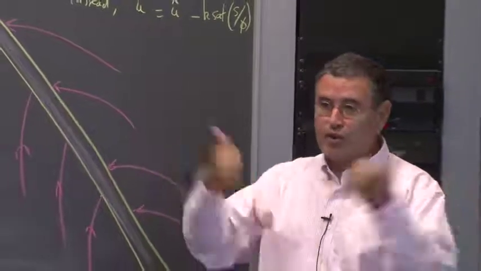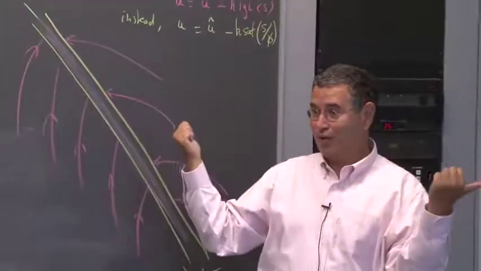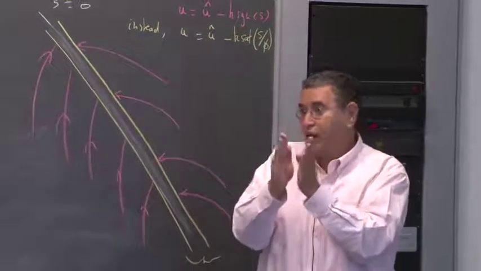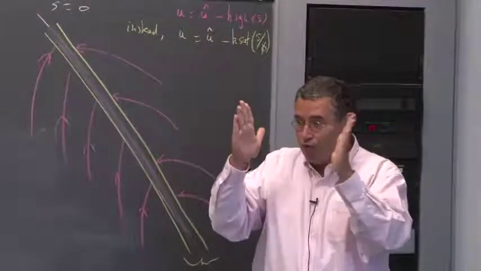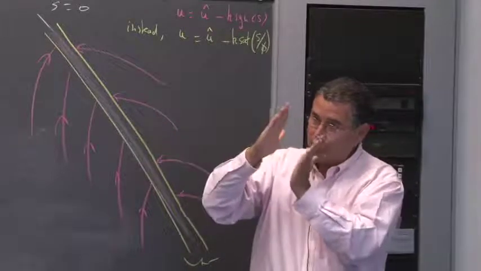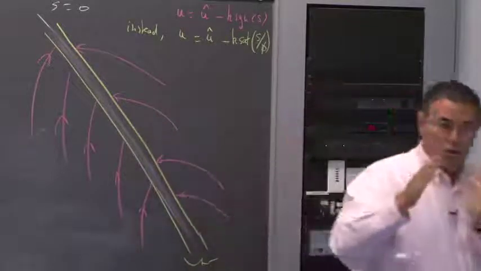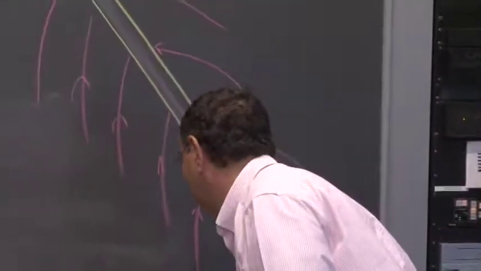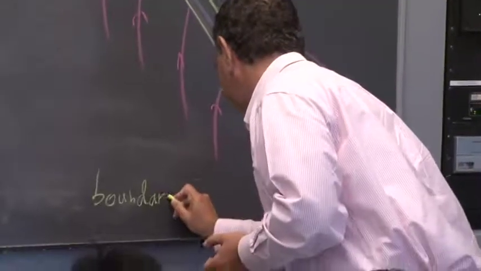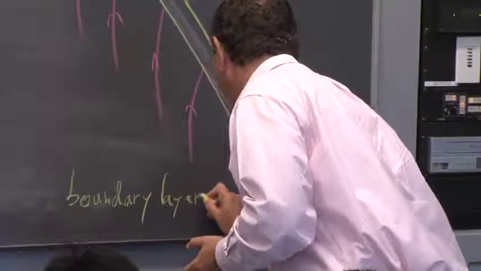After which, there are still no arrows pointing outwards, so we're stuck in that region. Before we were stuck on s equals 0, now we're stuck in this region. What's a reasonable name for this region for people coming from mechanical engineering, or others, actually, physicists? Well, it's a small region around the surface. It's called the boundary layer in fluids. It doesn't have to be small, by the way, but okay.